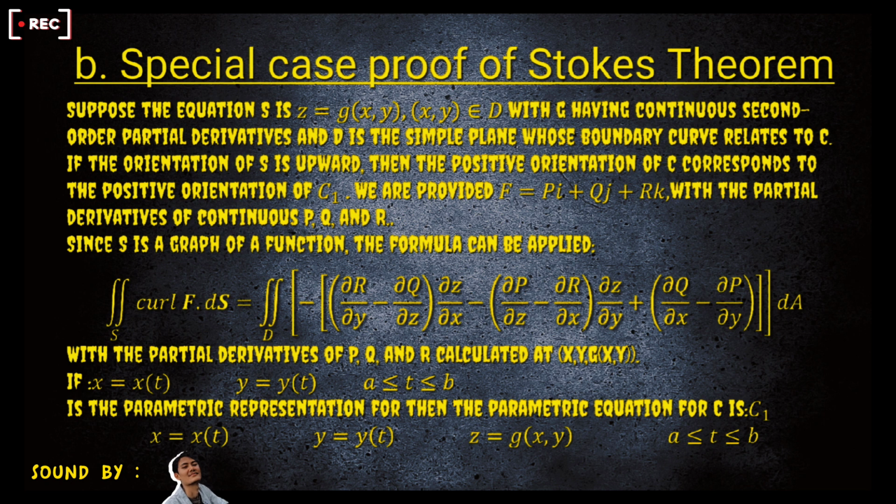We are given F equals P i plus Q j plus R k with continuous partial derivatives of P, Q, and R. Since S is a graph of a function, the formula can be applied.